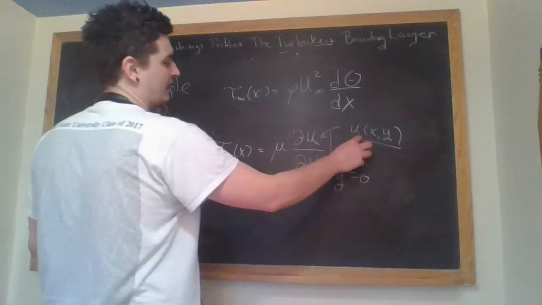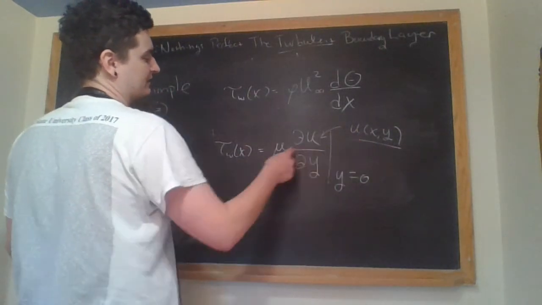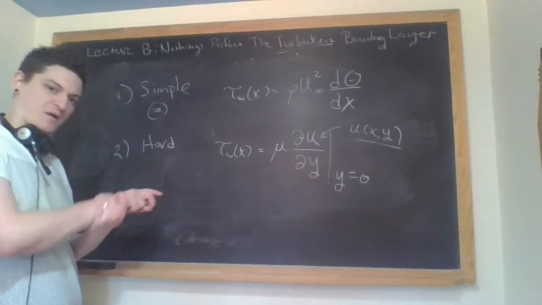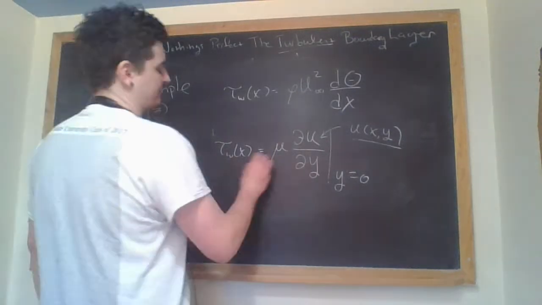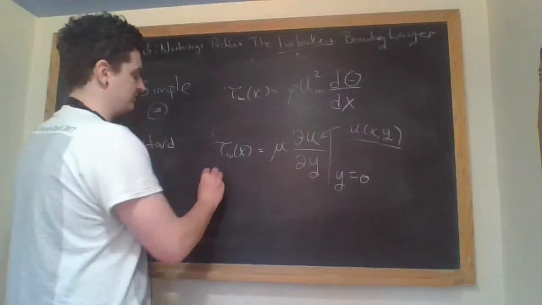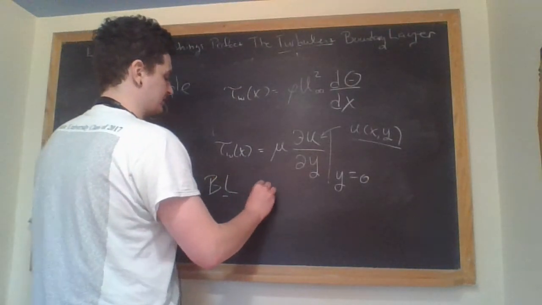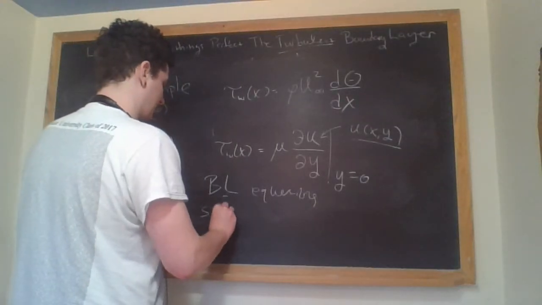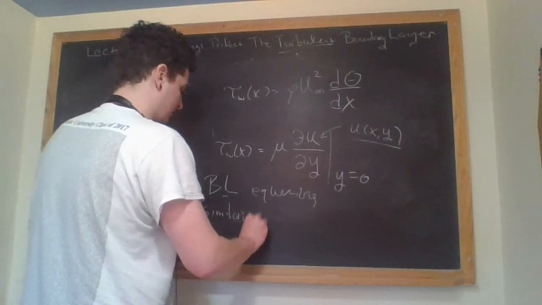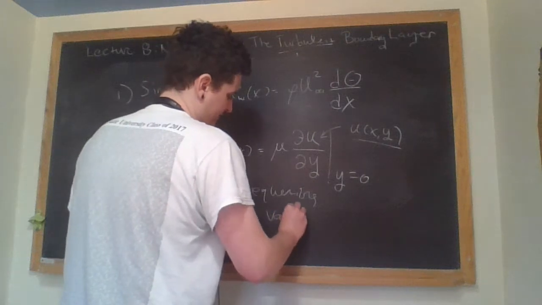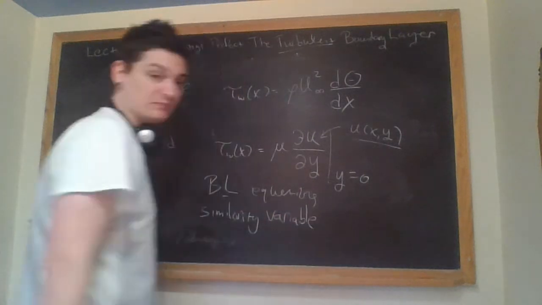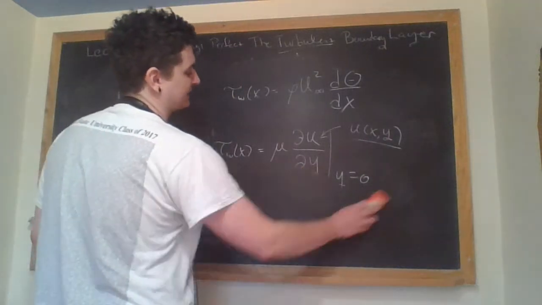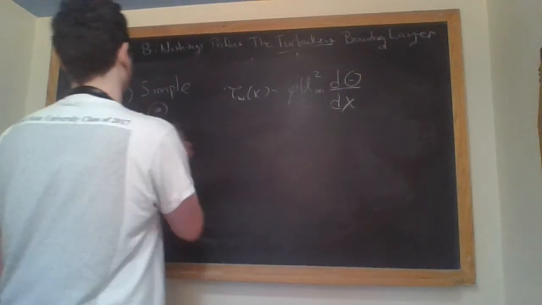So this is going to come, this has to come from the boundary layer equations we did in the early part of lecture 7. This means you have to actually solve the BL equations, the boundary layer equations. You use something called a similarity variable technique, and that's not in this class. We have this one.